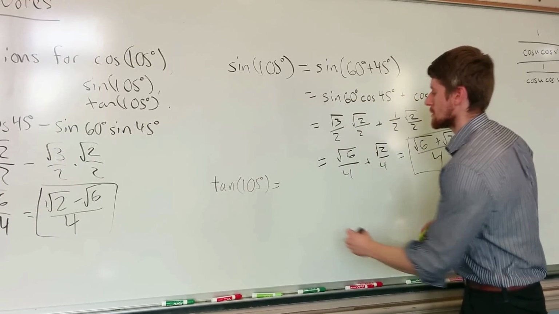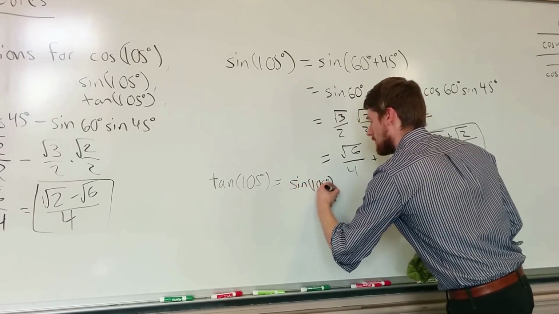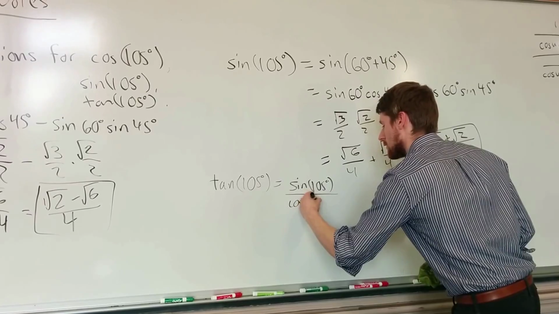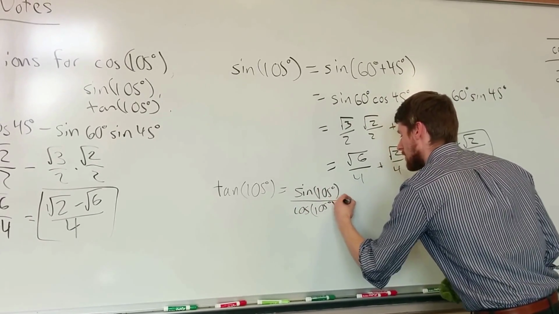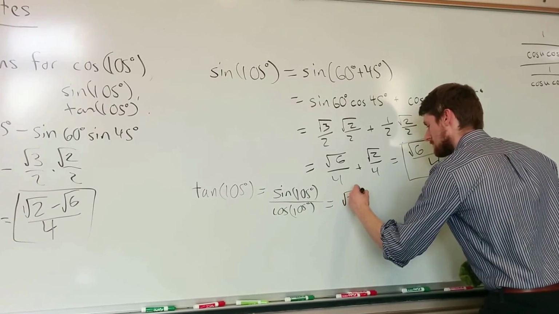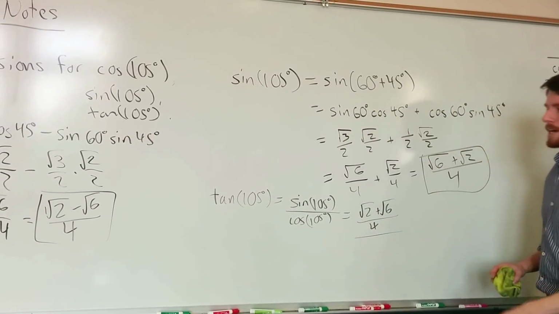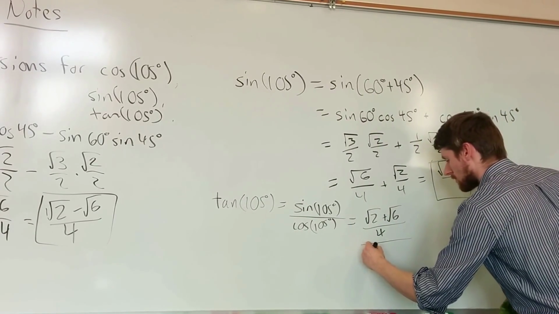So using these expressions, this is equal to sine of 105 divided by cosine of 105, which now we both know: root 2 plus root 6 over 4 is sine, and root 2 minus root 6 over 4 is cosine.